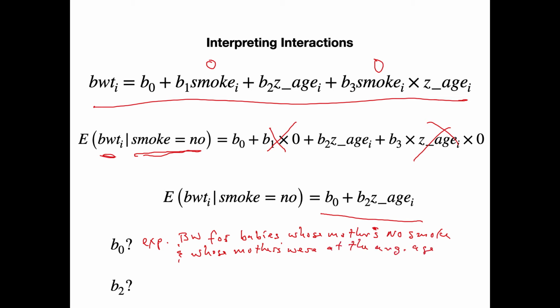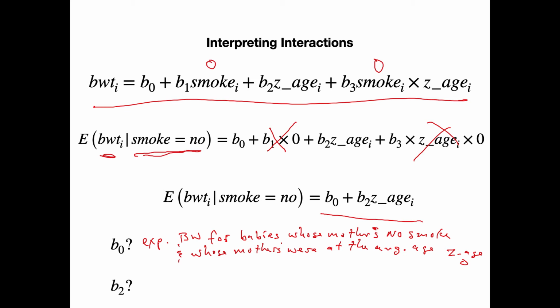And why is it average? Because we've z-scored age, and the mean is at 0, right? So it's the expected birth weight for babies whose mothers did not smoke and whose mothers were at the average age.